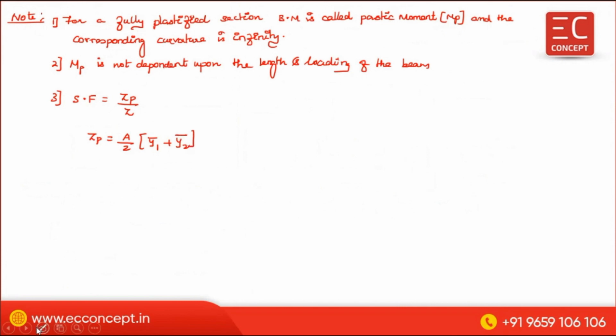This Y1 bar and Y2 bar are taken from the equal area axis, not the neutral axis. Now Z is equal to the moment of inertia of that particular section divided by y.